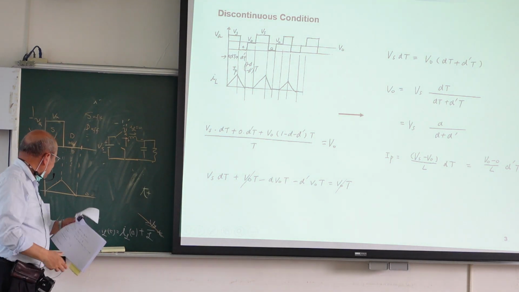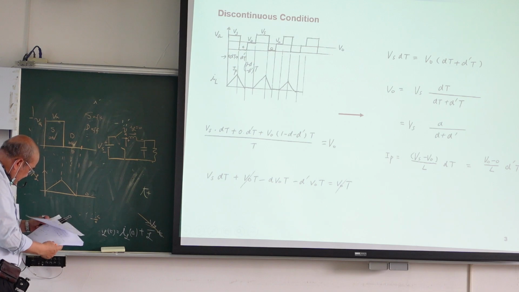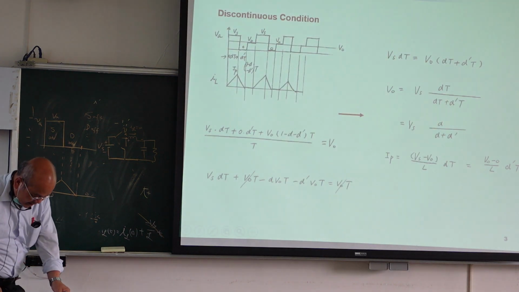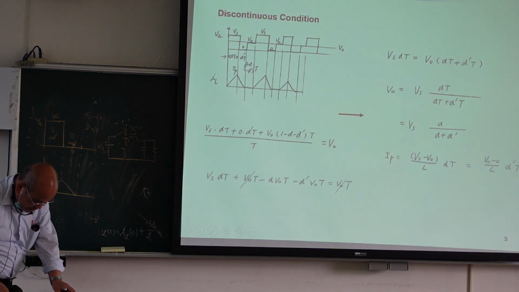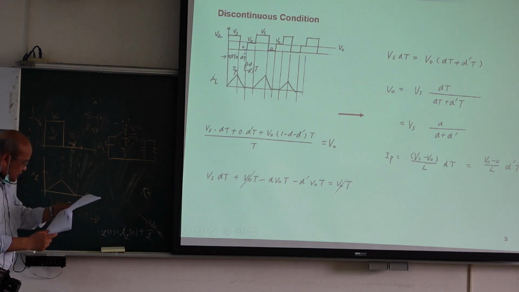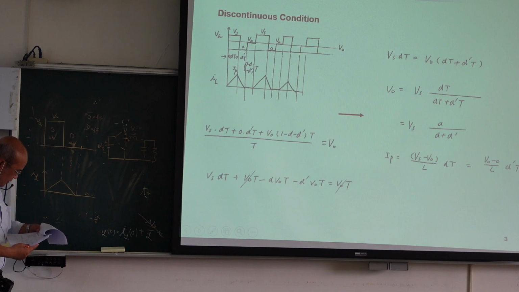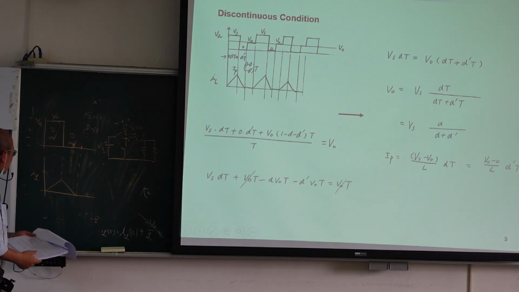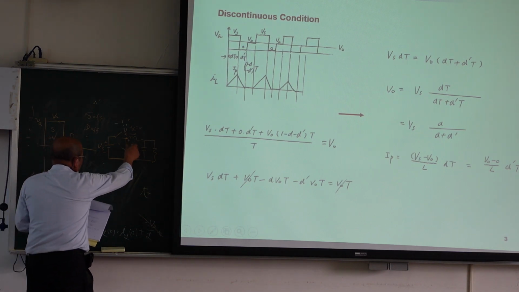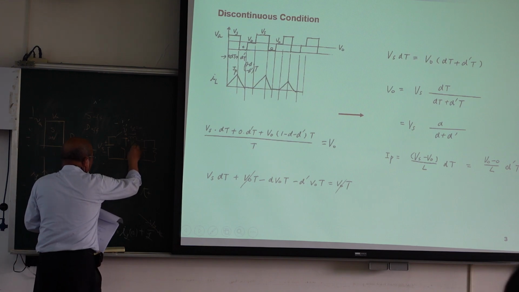Anybody has any idea? We say it is not equal to VS because the switch is turned off, and it is not equal to 0 because the Schottky diode is turned off. Then my question is, what is VL?